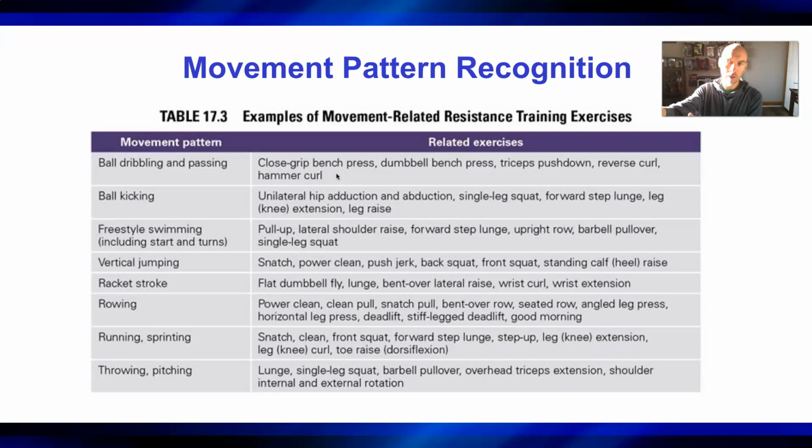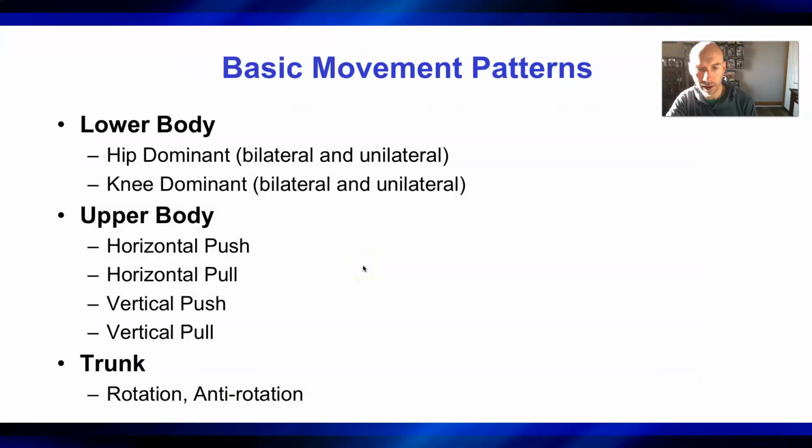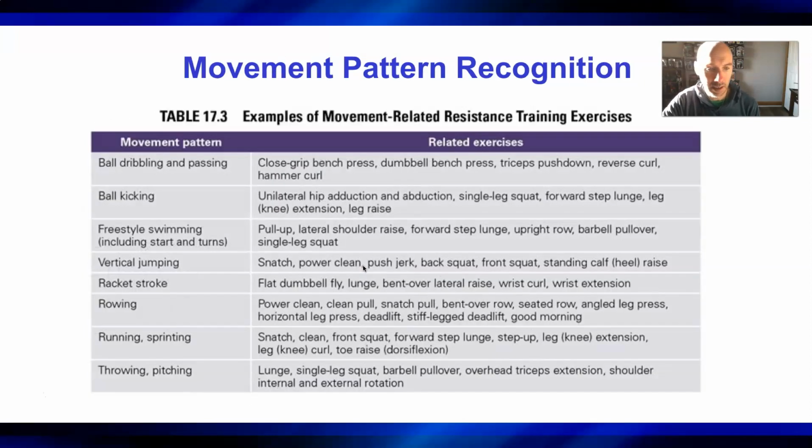Dribbling is going to involve elbow extension. So if you look at all of these exercises, they all involve elbow extension. Jumping is involved in basketball. All of the exercises listed here use the same movement pattern that is involved in jumping.